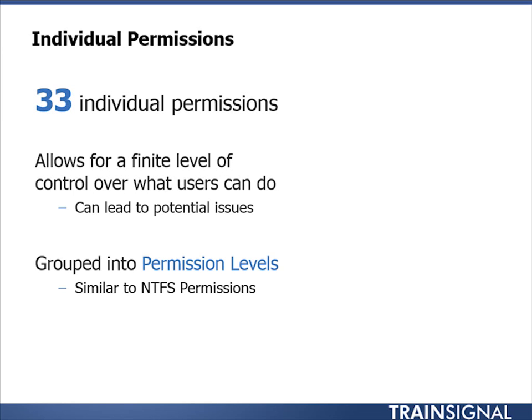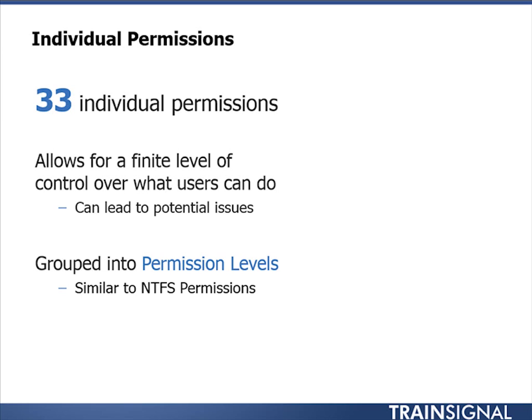Permissions are cumulative, so if I happen to be a member of a couple of different groups that have a couple of different permission levels assigned to them, I'm going to have all of the permissions from all of those different permission levels. However, there is no inheritance, there is no hierarchy or anything like that with the permission levels. It's simply the name that Microsoft applied to our permissions that are grouped together.